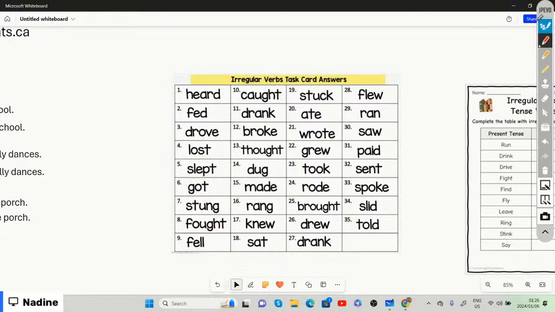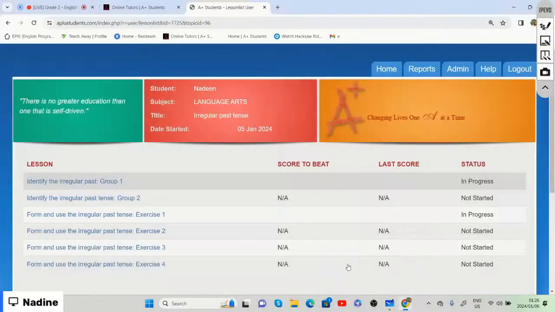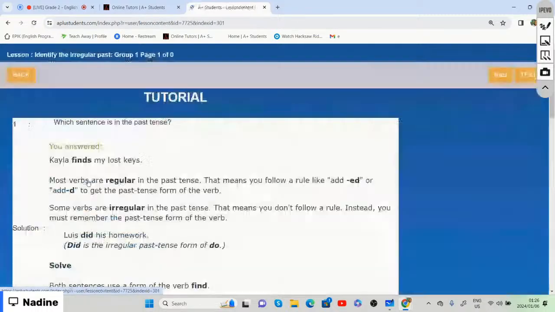All right, so now we're going to aplusstudents.ca. And we're going to the first lesson under irregular past tense, which is to identify the irregular past tense.